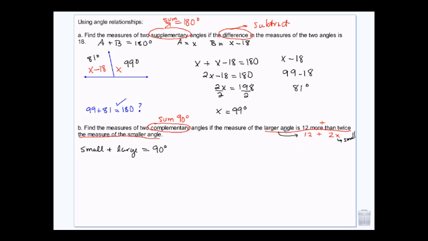The large one is 12 more than twice the small one. So 12 plus 2 times the small one. That's this one. And then the small one is this little x right there. So that's x. Can you still write it as 2x plus 12? Yeah, you can write it as 2x plus 12.